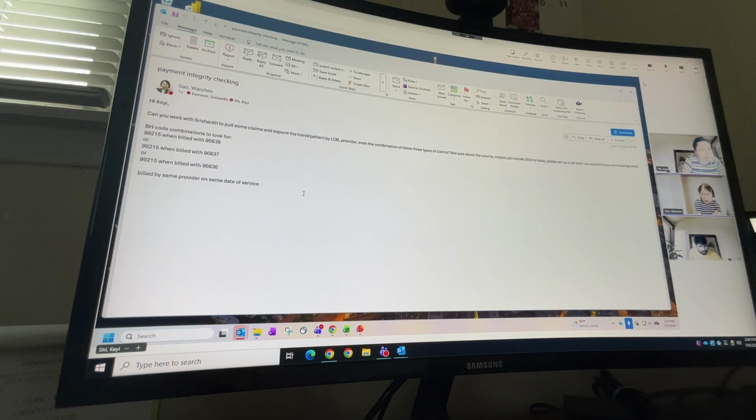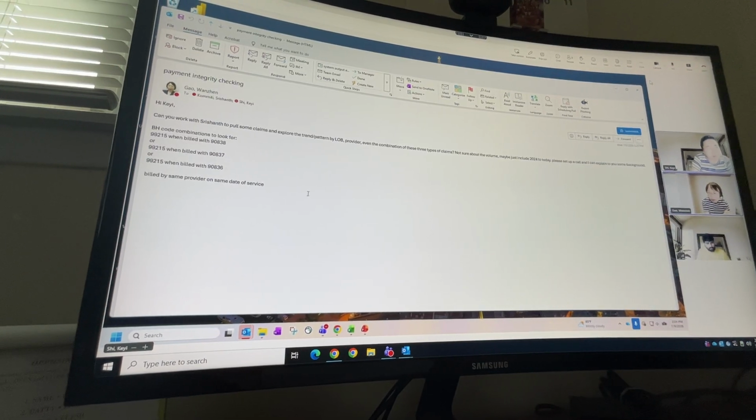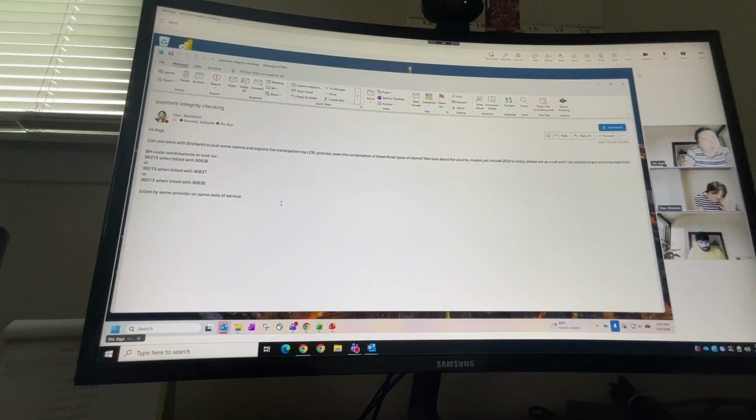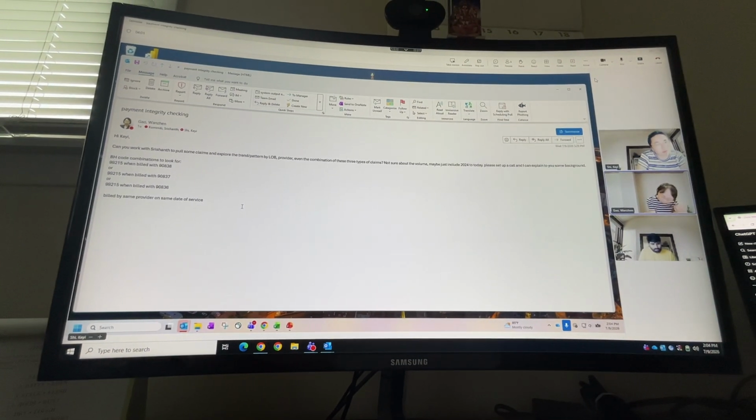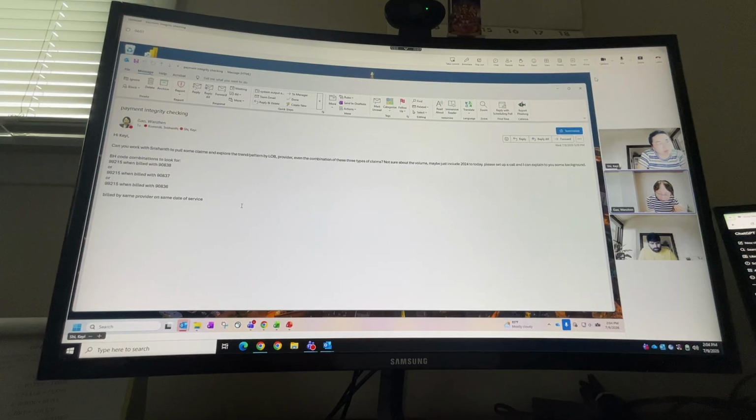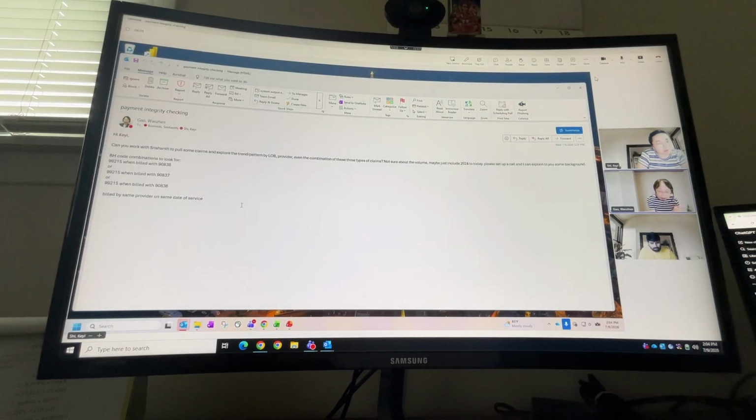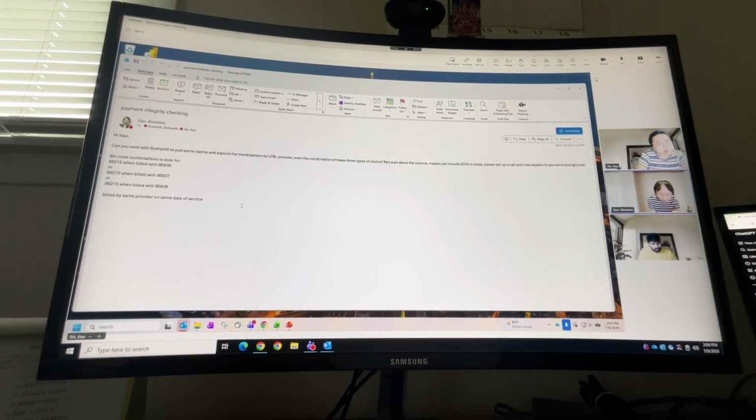If it's two claims, what we can identify they are related is same LOB, same member ID, same provider ID, same service date. That's how we identify those are the add-on service.